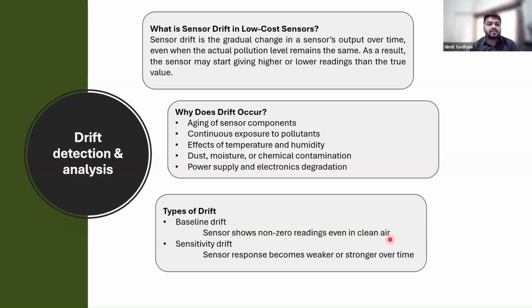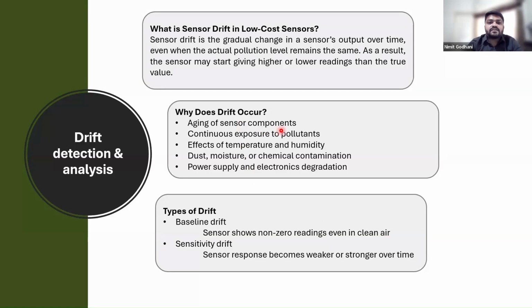So why does drift occur? Aging of the sensors and components. As you all know, the laser is generally a light source. Over time, this sharp laser source starts to decompose or its intensity decreases.